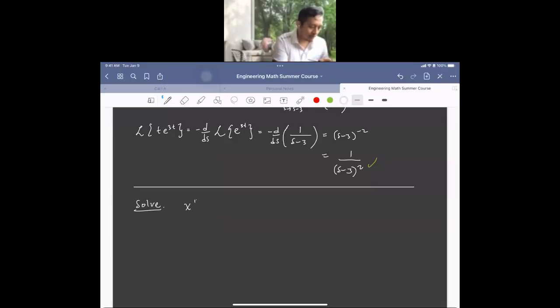Okay, let me just give you another differential equation. Solve, let's say, x double prime plus 16x equals cos 4t. So this is using x with a variable of t, and we have initial conditions.